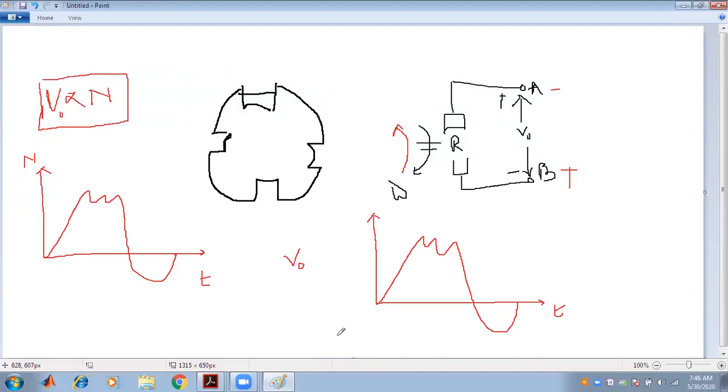Discussing the DC tachometer or tachogenerator, it is the same as a small DC generator where the input is mechanical and the output is electrical.